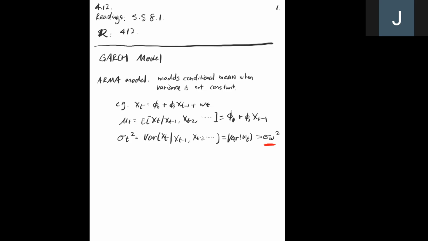As we've seen in a couple of our previous examples, we find the conditional variance is actually not always constant.